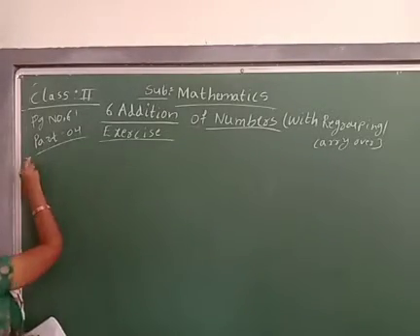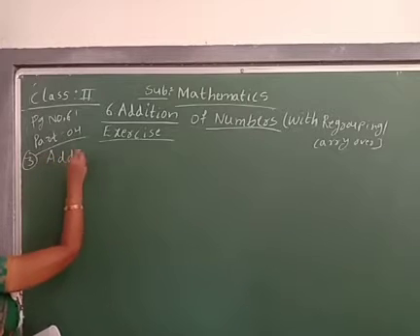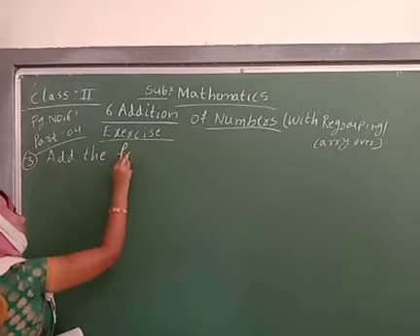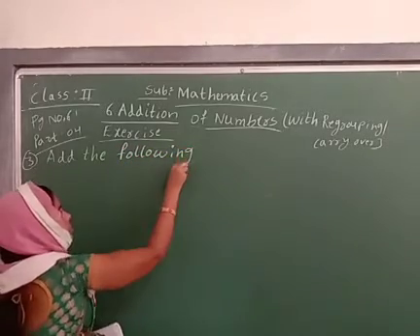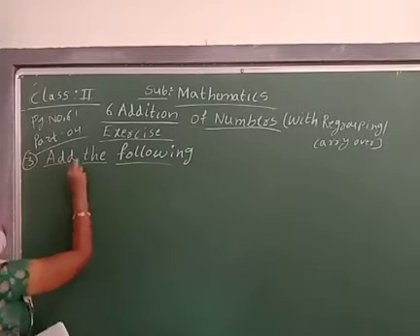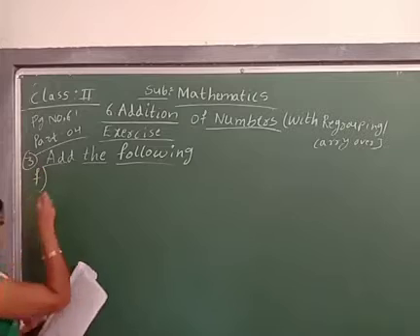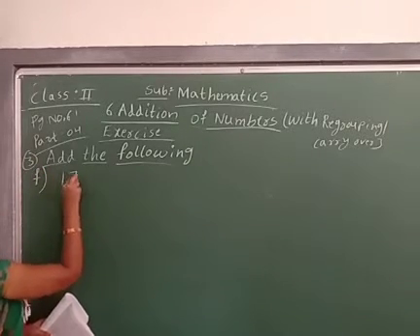Third bit. Following. In this bit, F question. See children, F1: 17 plus 73.